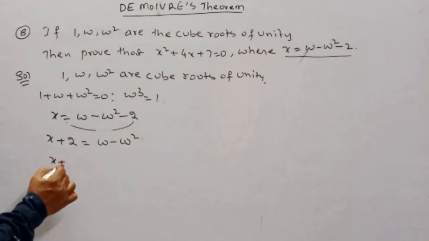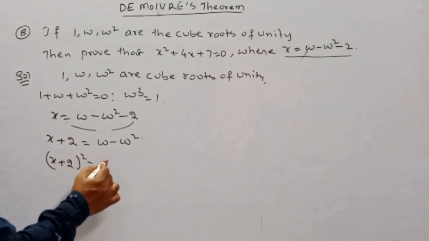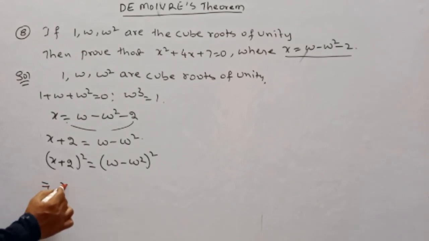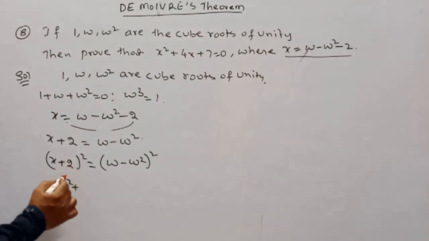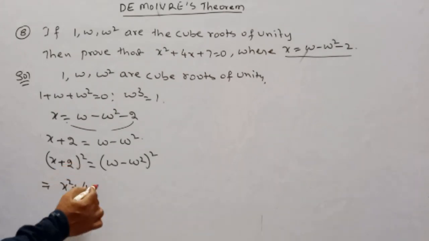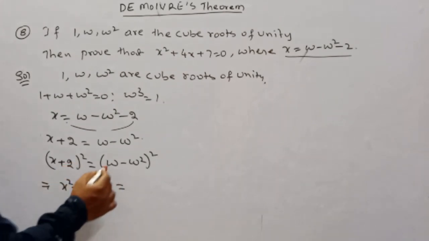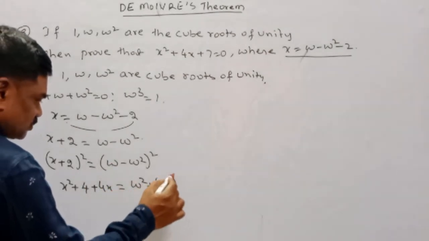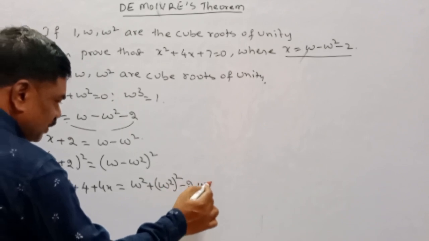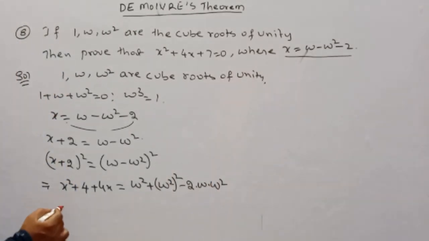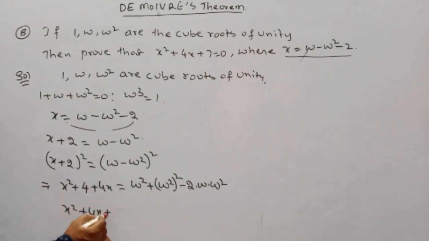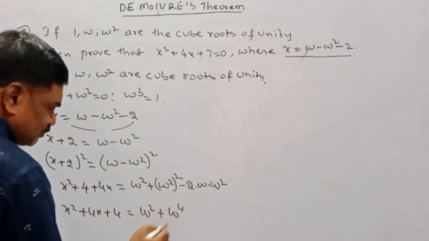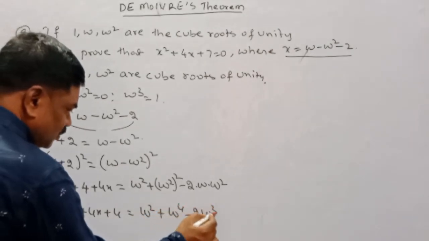Then x plus 2 whole square is equal to omega minus omega square whole square, squaring on both sides. In the a plus b whole square form, x square plus 4x plus 4 is equal to omega square plus omega power 4 minus 2 omega cube.